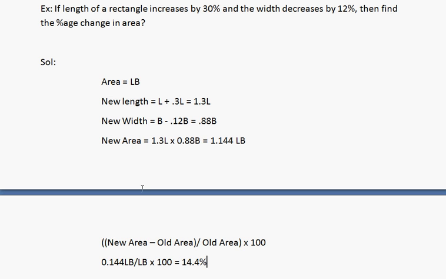So percentage change is found through new minus old divided by old into 100. I hope that you are clear about what is percentage change. We have done it through an example so that it becomes easy to understand.